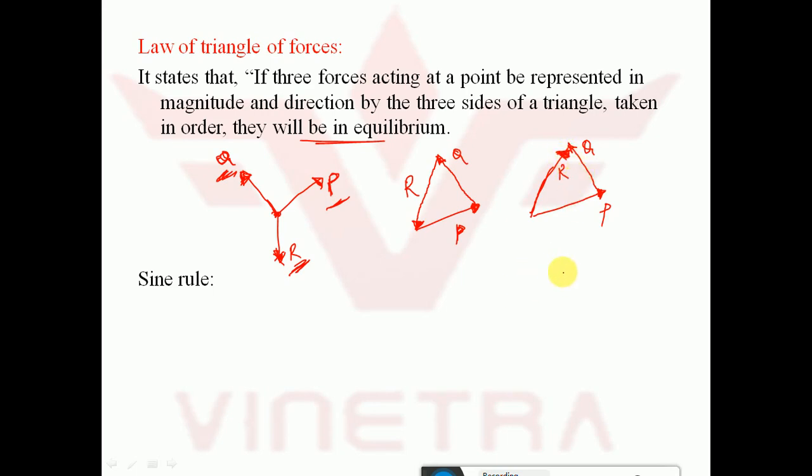Once I resolve all the three forces, horizontal and vertical components remain, and there is no question of equilibrium. Only if the forces are arranged in order will they be in equilibrium. Then it is called the law of triangle of forces.